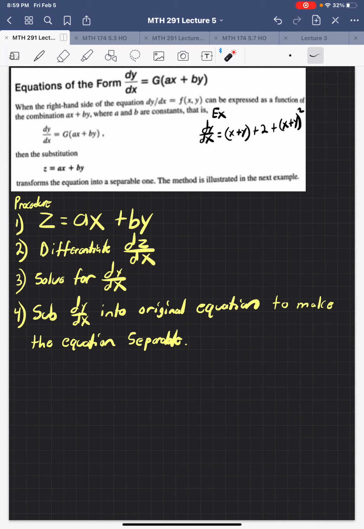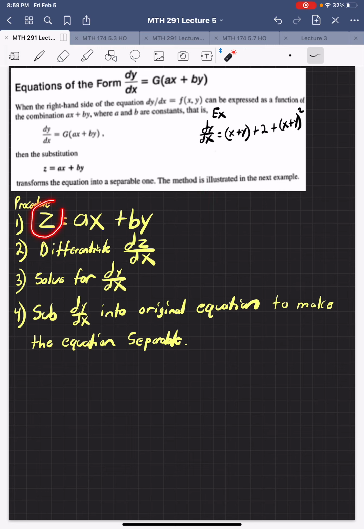Okay. So again, we're going to learn by example as opposed to really diving into the theory. So let's just assume that you can express the right side as ax plus by. If you can do that, then this is the procedure, and we'll see it come alive with an example.